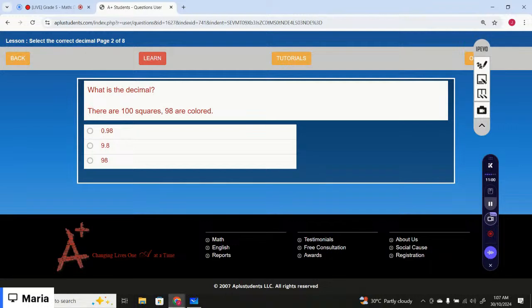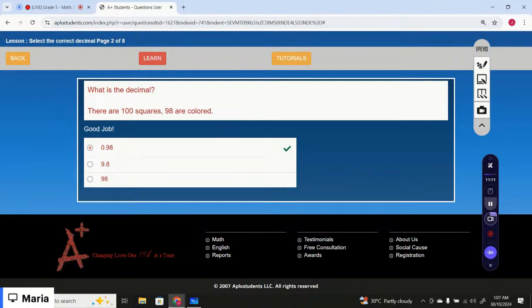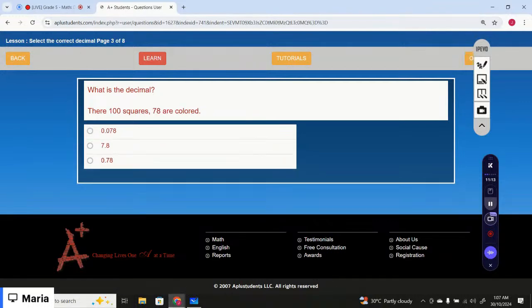The correct option is 0.98. You can write it as 98 hundredths and you can write it as 0.98.